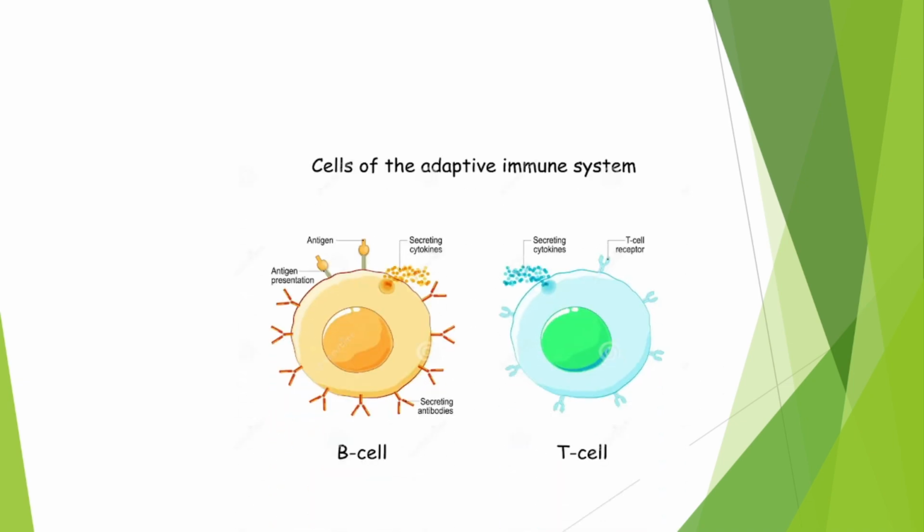They are cells of adaptive immunity. Here we have B cell structure and T cell structure. On the B cell we have antigen presentation, where the antigen comes and binds, and secreting cytokine and secreting antibody. And on the T cell we have the T cell receptor and secreting cytokine.